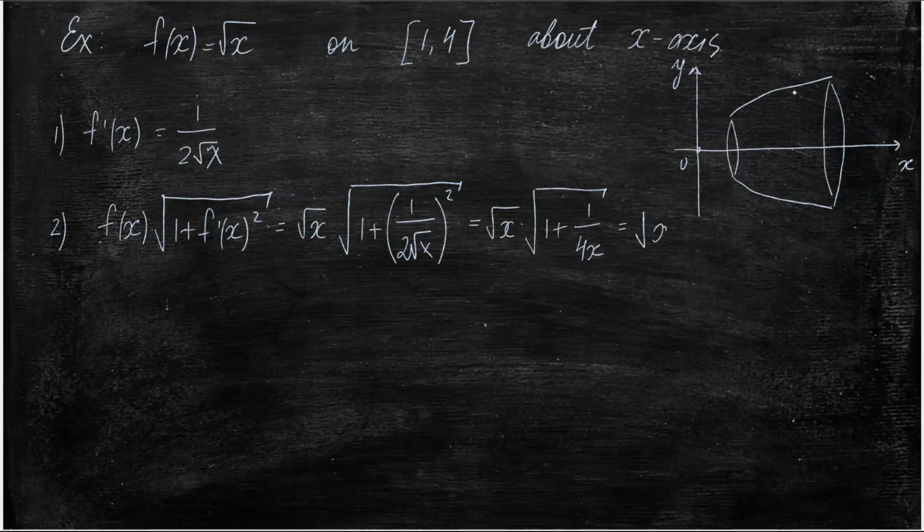It's going to be the square root of x plus 1/4, and now we can find the surface area by putting it all together. We have integral from 1 to 4 of square root of x plus 1/4.